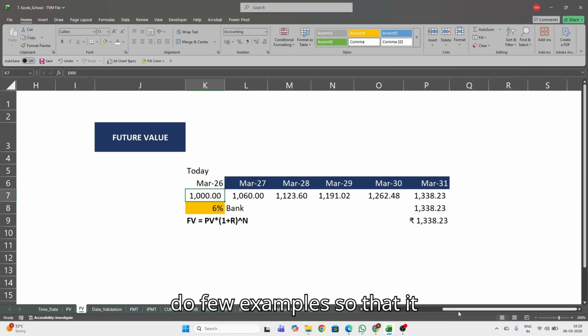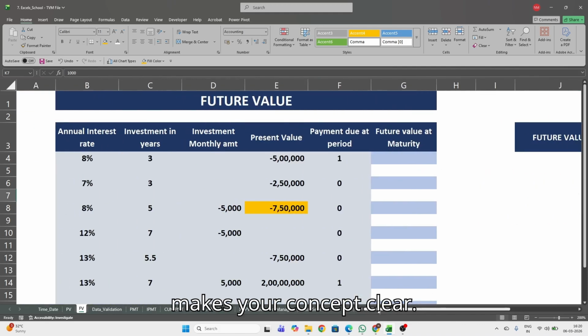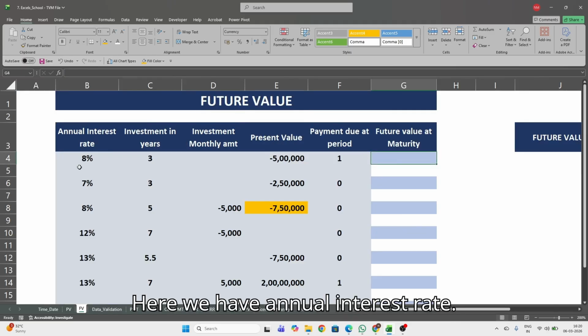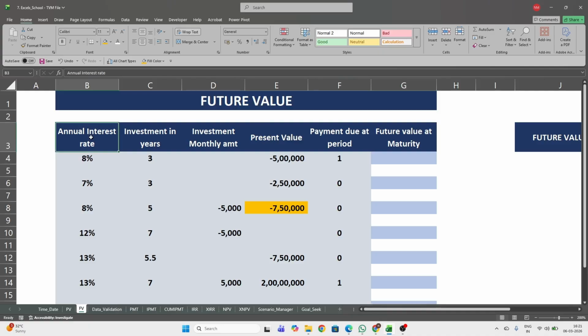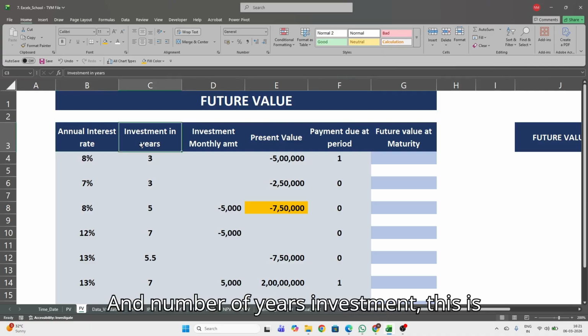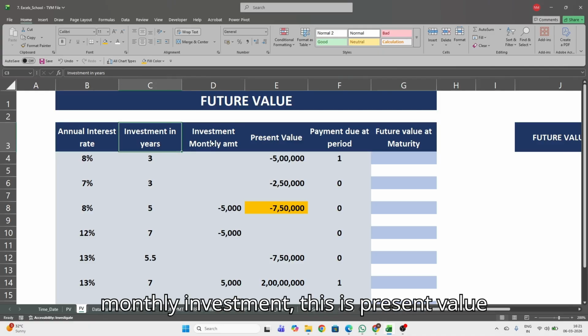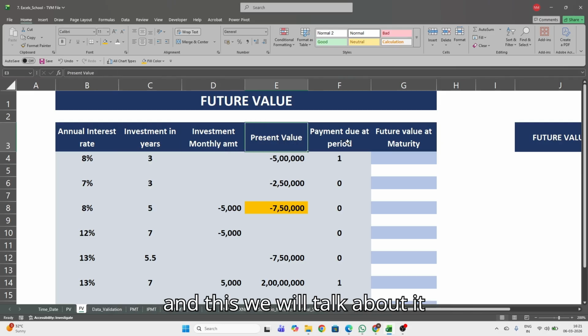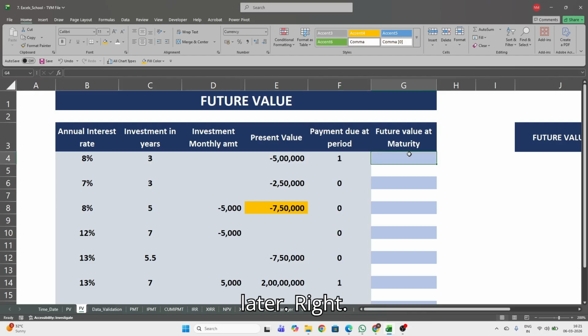Let's do a few examples so that it makes your concept clear. Here we have annual interest rate and number of years of investment. This is monthly investment, this is present value, and this we will talk about later, right?